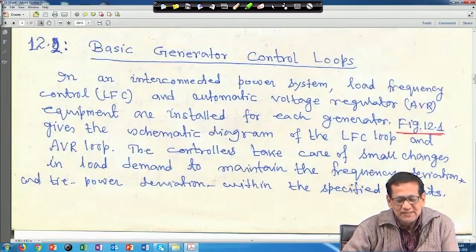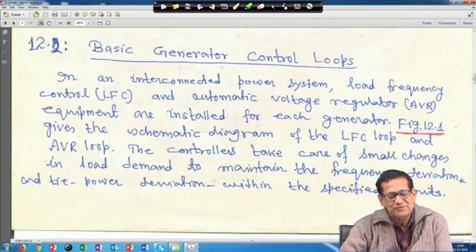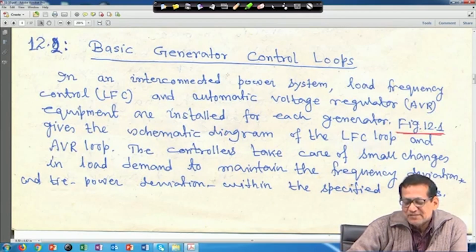Next are the basic generator control loops. In an interconnected power system, load frequency control and automatic voltage regulator equipment are installed for each generator. We have seen the AVR and other things in the initial lectures, more than the first 14 lectures.